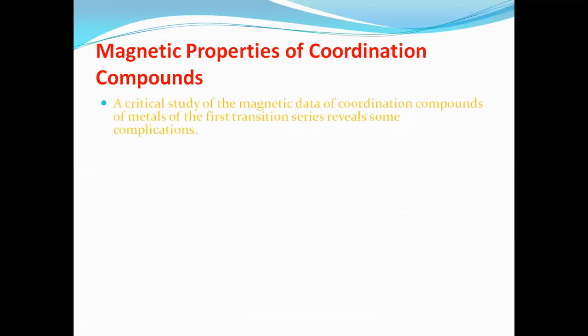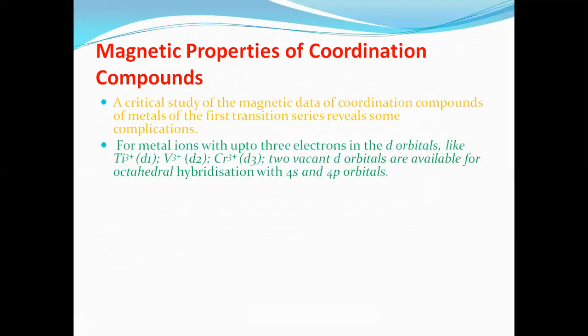That point we are not going to study here. Here we are going to study, if the complex is paramagnetic, with respect to how many unpaired electrons it is paramagnetic: whether 1 unpaired, 2, 3, 4, or 5.